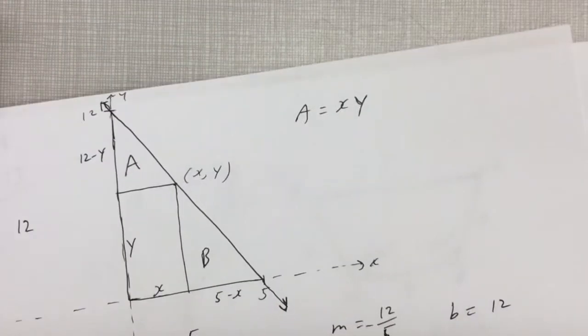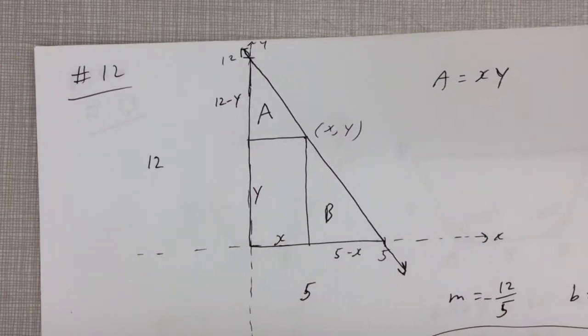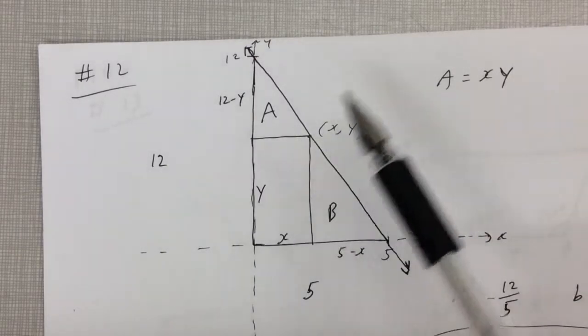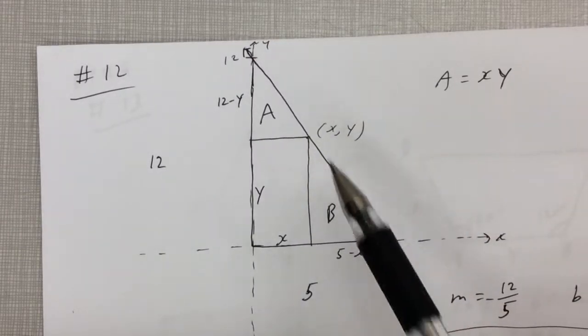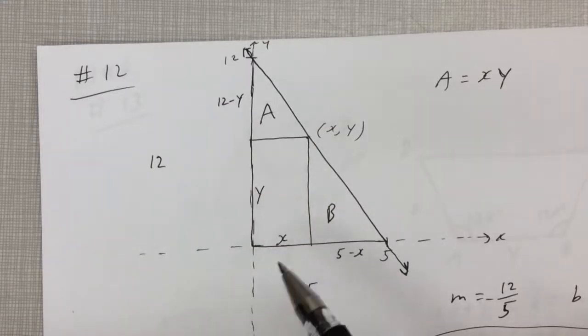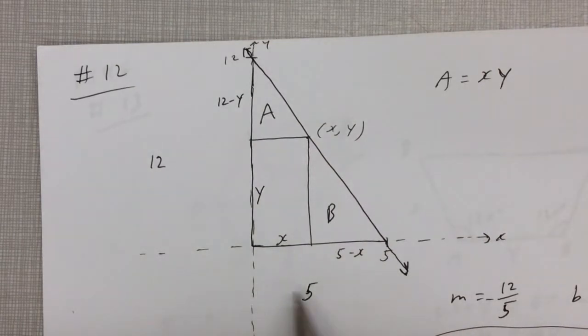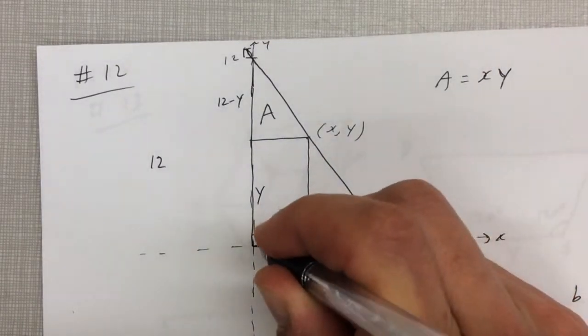Number 12. Number 12 is interesting. You've got a couple ways of doing this. You've got to inscribe a rectangle of maximum area in a right triangle where the height of the triangle is 12 and the base is 5.